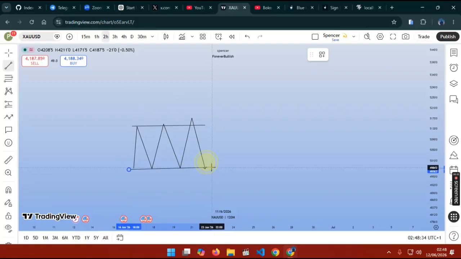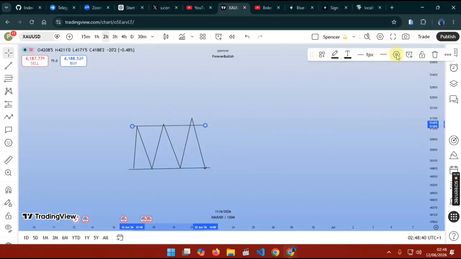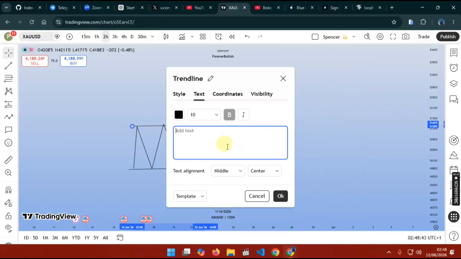So a ranging market or a consolidation market is a market that is not moving in an uptrend direction or in a downtrend direction, but is creating equal highs and equal lows.